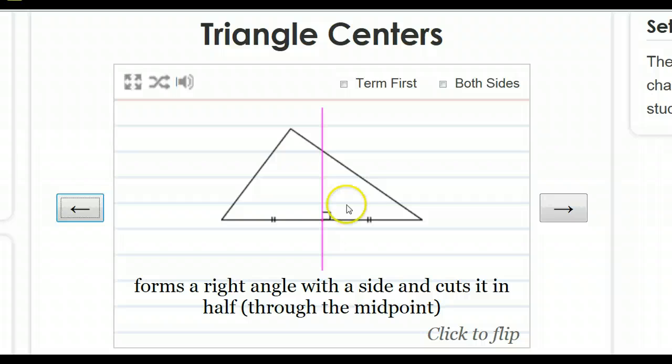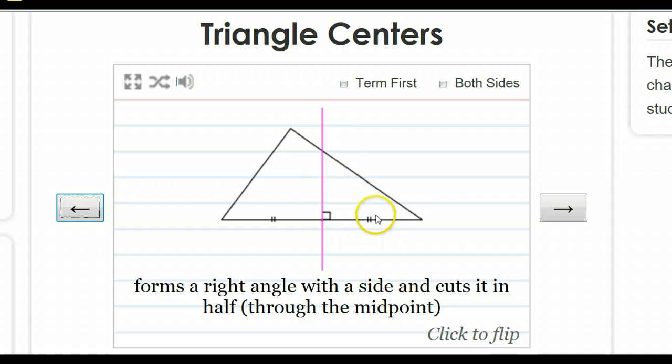Let's practice. So, look at this picture. I want to know what this is a picture of. I'm talking about this pink line, okay? And here are some choices. Is this a median? Is this an angle bisector? Is this an altitude? Is this the perpendicular bisector?